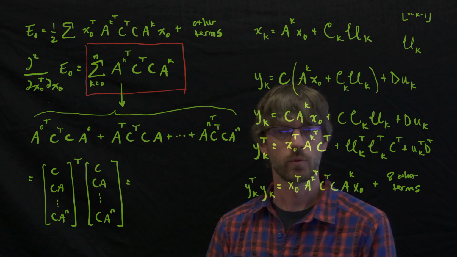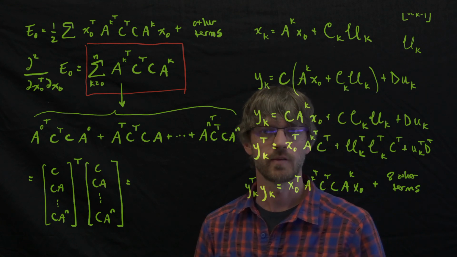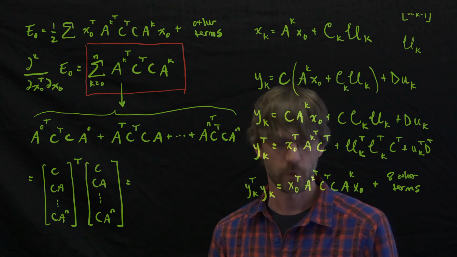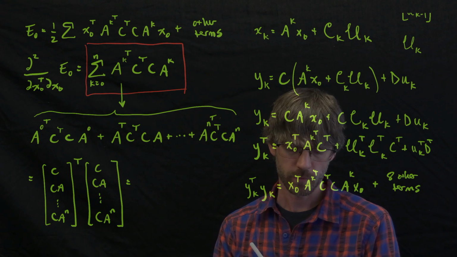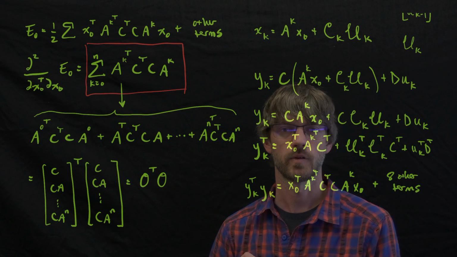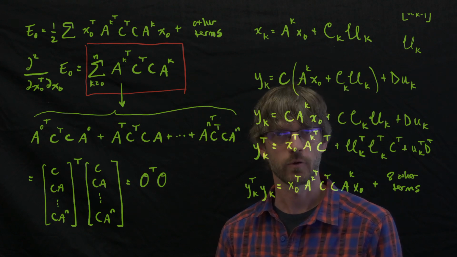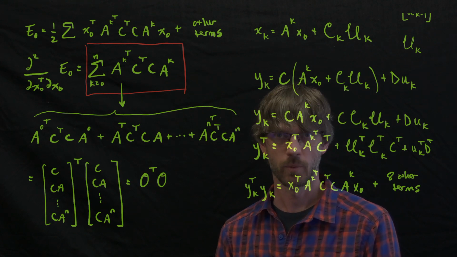And this, if you recall from previous lectures, that C, CA, CA to the n, and so forth, that's the observability matrix. So our observability Gramian is really just the observability matrix transpose times itself. So now we're back to that original form that we expected from the beginning.